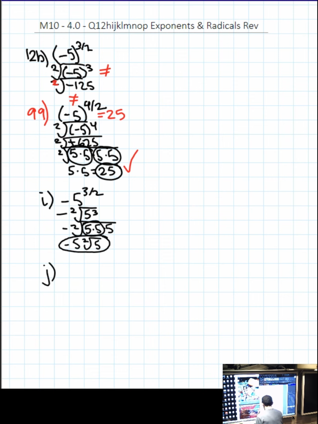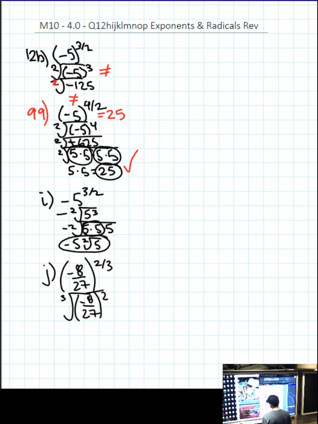Okay, J, we have negative 8 over 27 all to the 2 over 3. So we can convert it. So this is going to be a two-line root. So we have the cube root of negative 8 over 27 all squared.